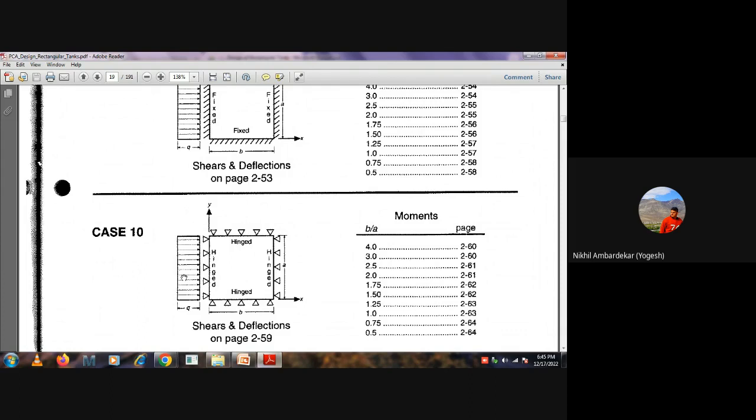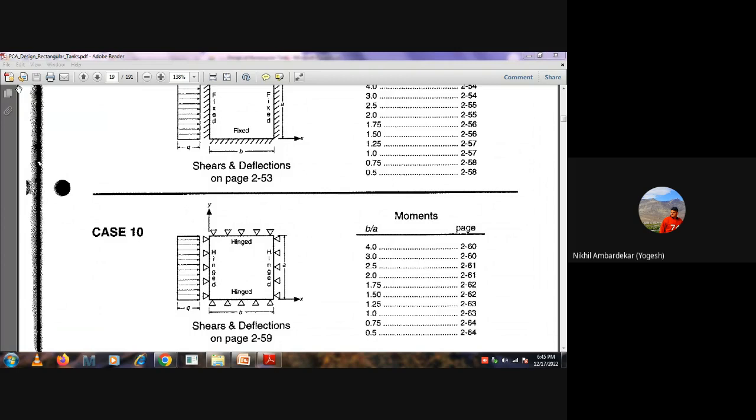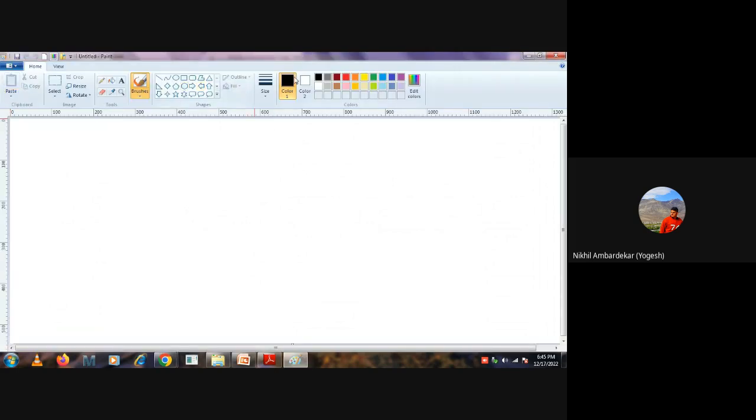So because of that, I will always try to draw something. This is the wall section. This is my base slab.